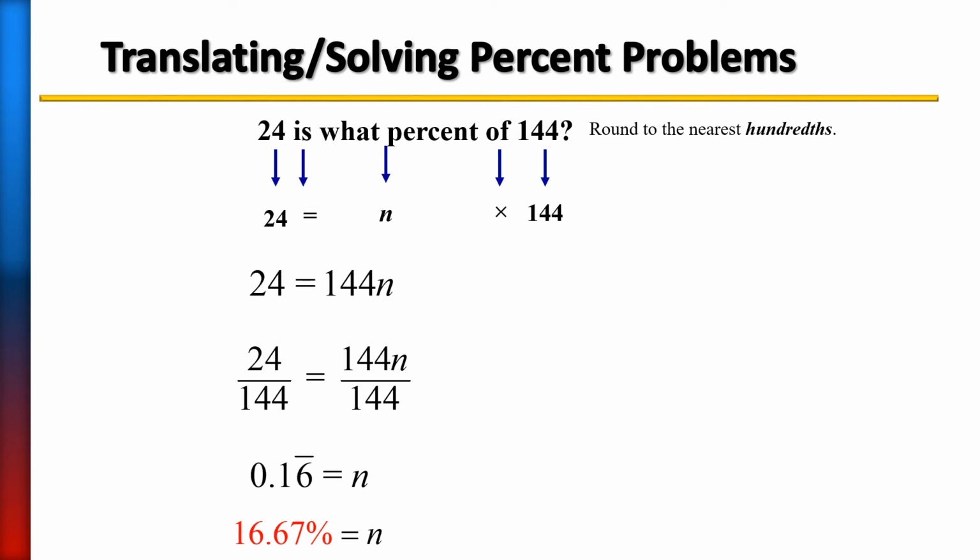Okay? So the answer is that 24 is 16.67% of 144.